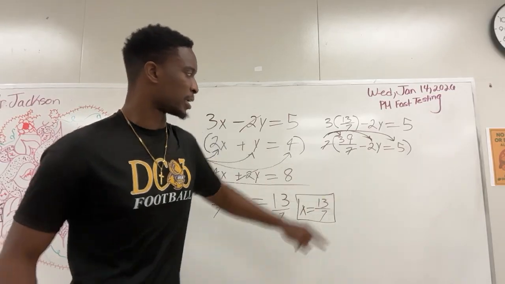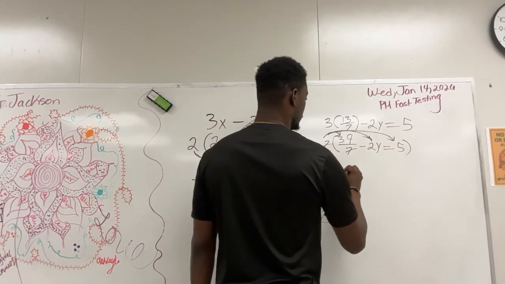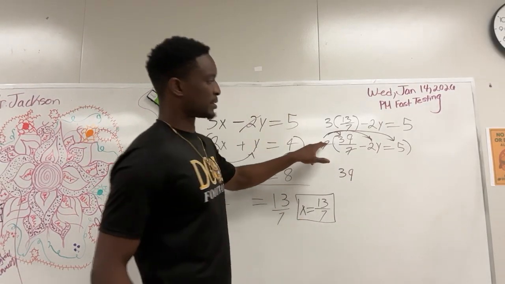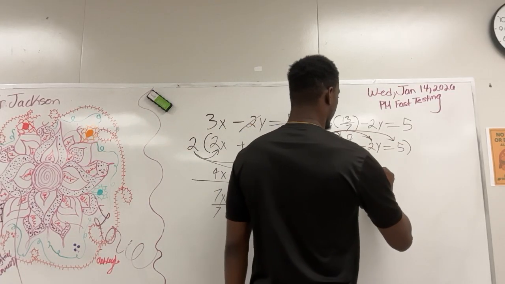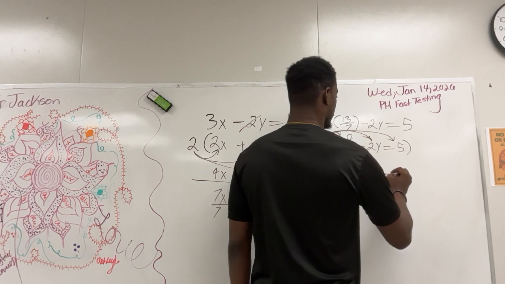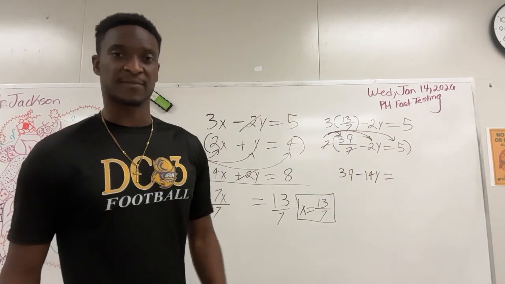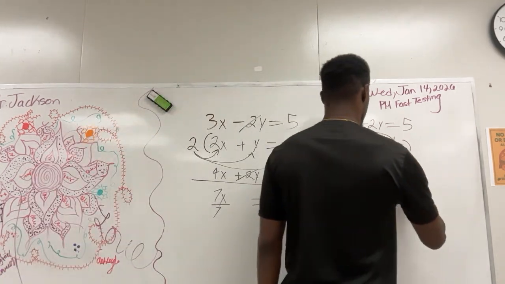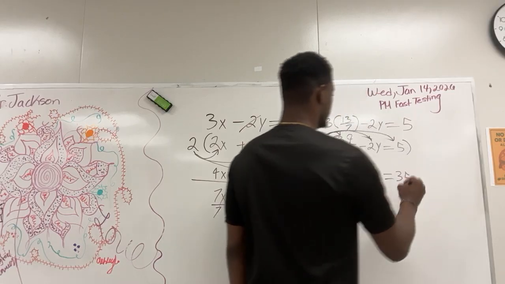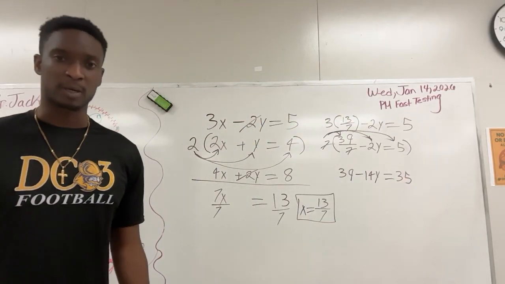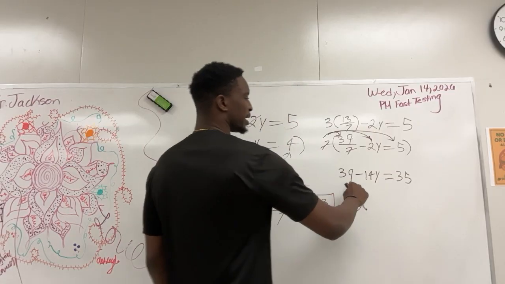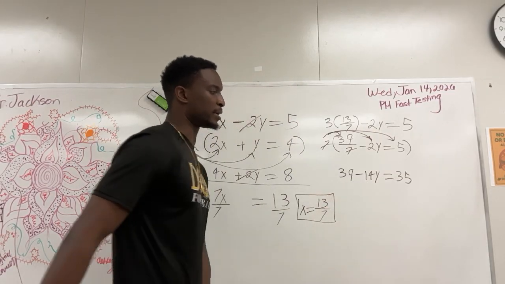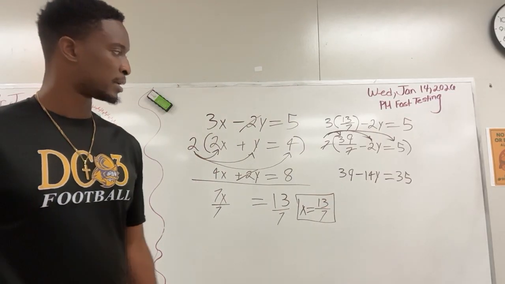It's just going to be 39. 7 now times -2y, and 7 times 5. Now we're on to the races. 39 minus 14y equals 35.